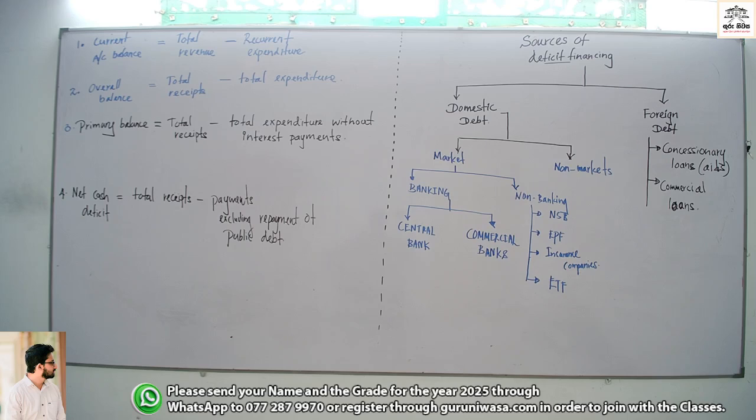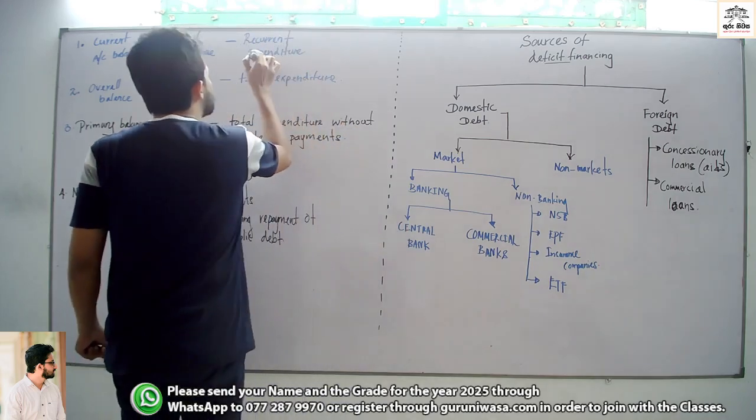I have shown you the main equations for calculating current account balance, overall balance, and primary balance. When calculating current account balance, we deduct all recurrent expenditures of government. Recurrent expenditures mean my day-to-day, recurring expenses. They mainly consist of three components.